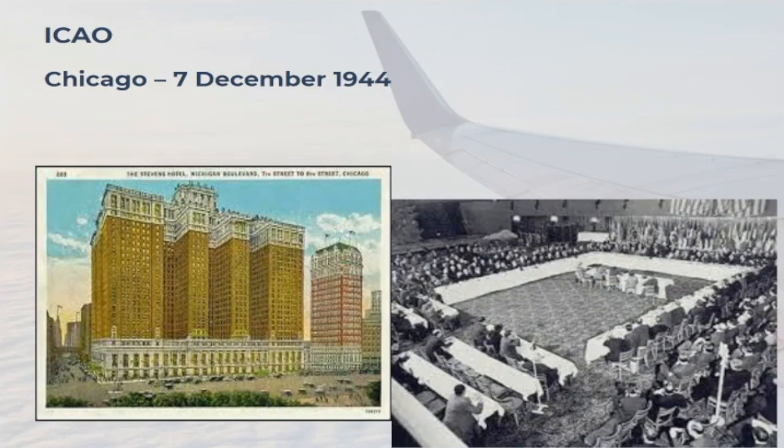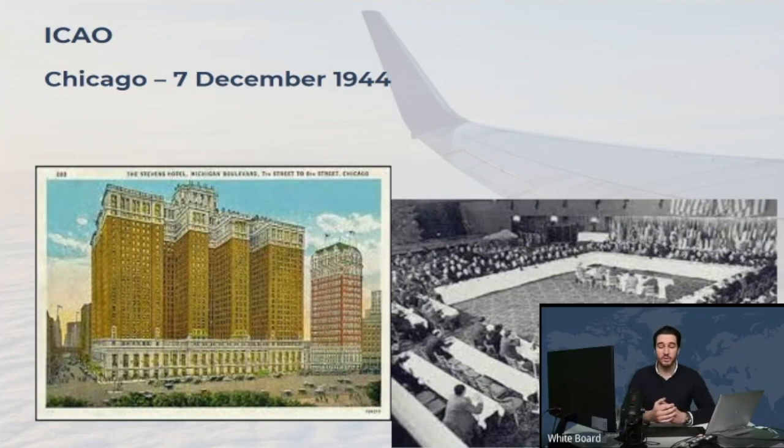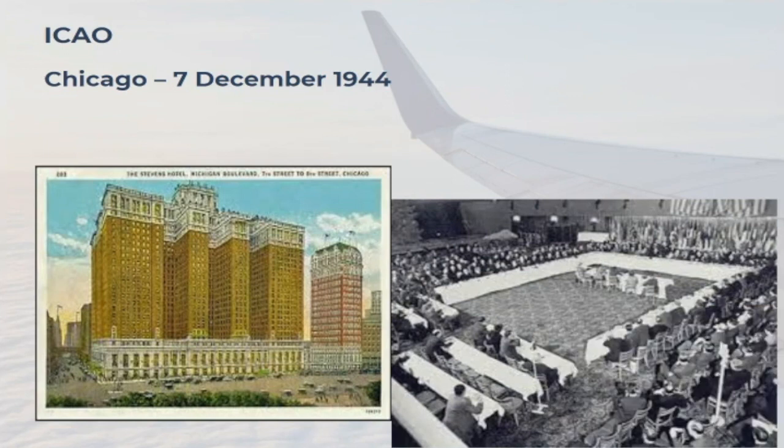But at some point after the Second World War, all the nations organized a meeting and said, guys, we are flying, we are handling flight quite well, but there is a problem. We need to organize it somehow because everyone flies randomly. It doesn't work like that.